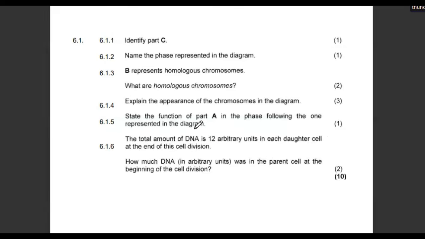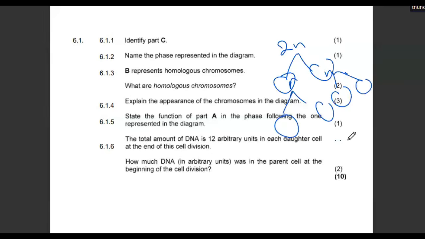So they are saying that the total amount of DNA is 12 units in each daughter cell. Remember, you start with 2n. You form two cells, 1n, then you form another two cells.